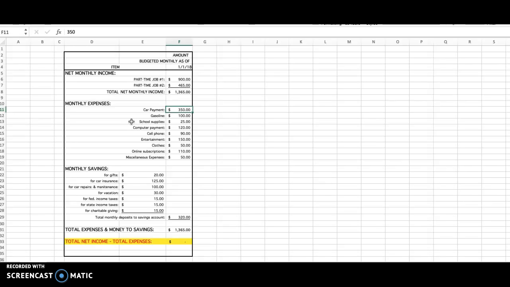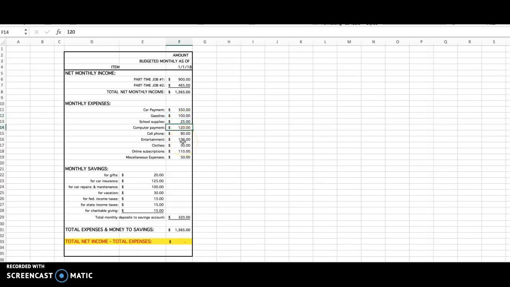This would be something that the person would know, because the bank tells you how much you have to pay each month for your car. So it's $350. Gasoline would be a guess, and this is typically based on past experience. So typically this person pays around $100 a month for gas. So that's put in as a budget expense. School supplies, computer payment.